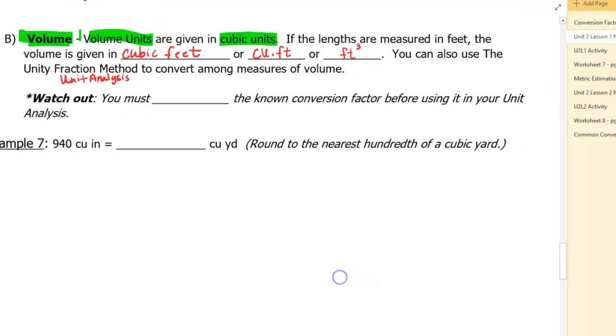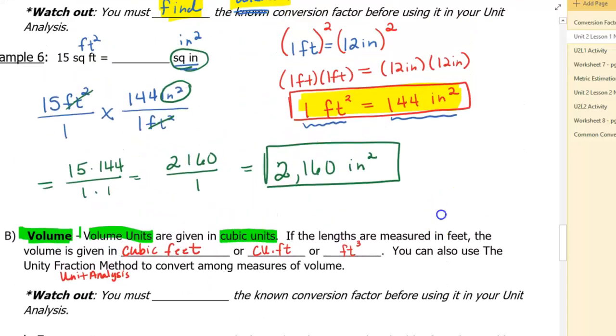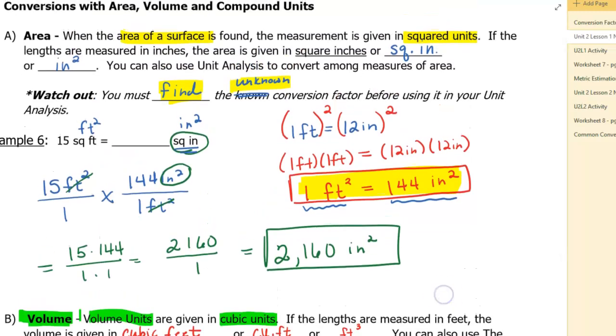Just to emphasize, area is squared units. Remember that the formula for area is length times width, so it's two-dimensional, which is why we have an exponent of 2.